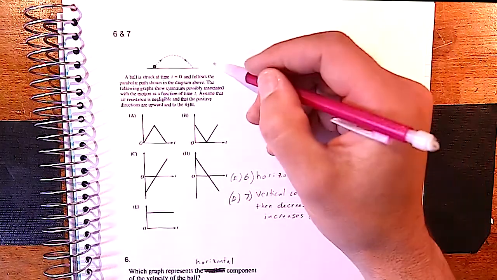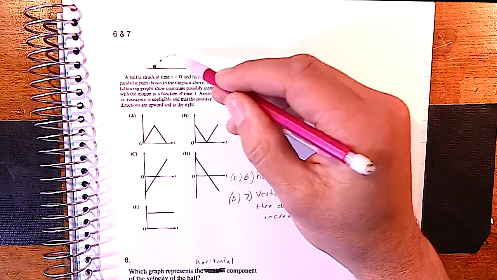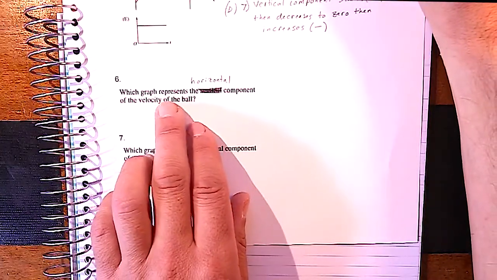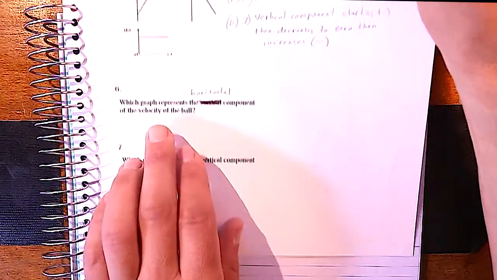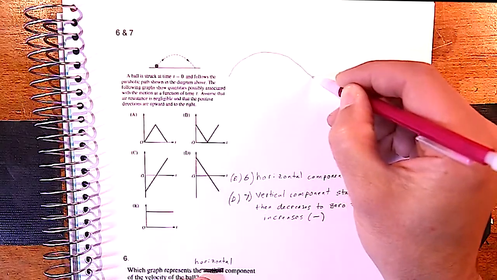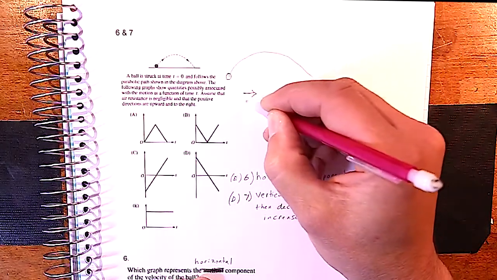In this problem, we have a 2-dimensional ball that's launched through a parabolic trajectory, and the question is which graph represents the horizontal component of the velocity. Well, we went over this in the lesson part of this, and we know that there are no forces acting in the horizontal direction.